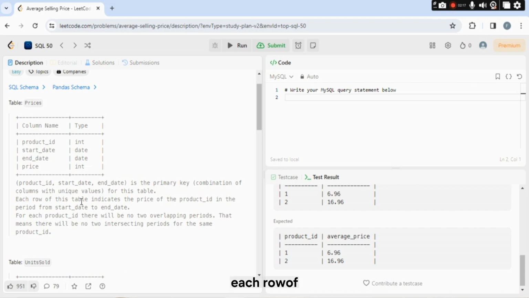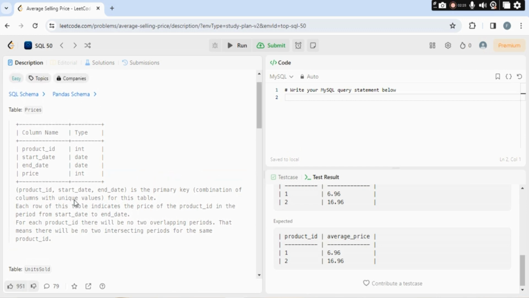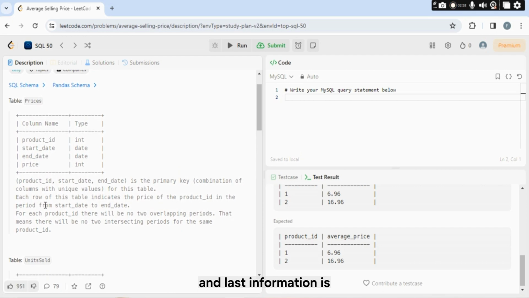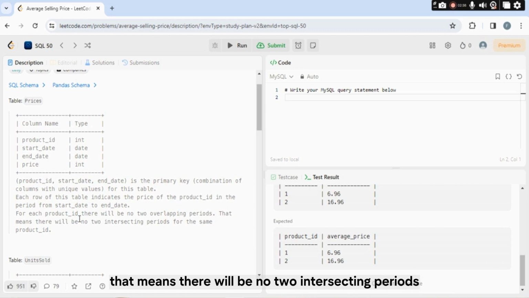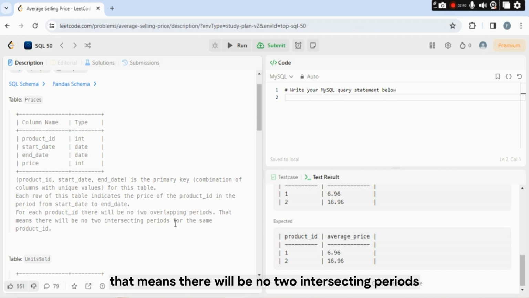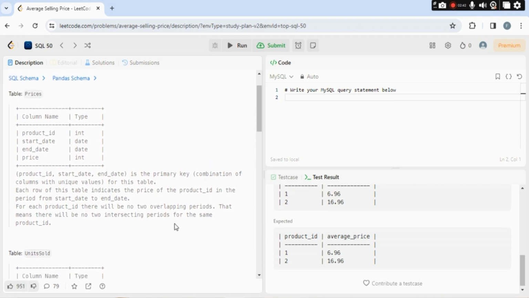Each row of this table indicates the price of the product ID in the period from start date to end date. And the last information is, for each product ID there will be no two overlapping periods. That means there will be no two intersecting periods for the same product ID.